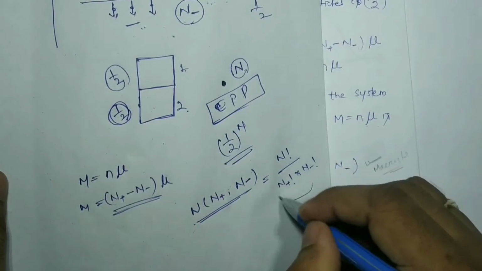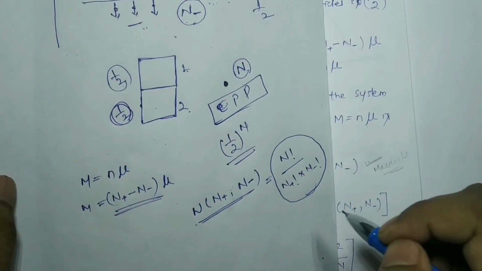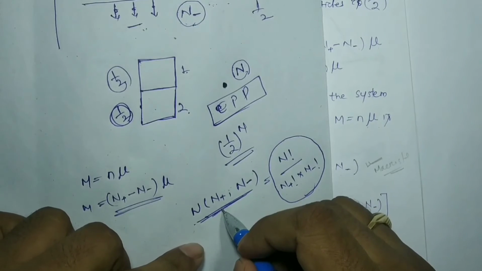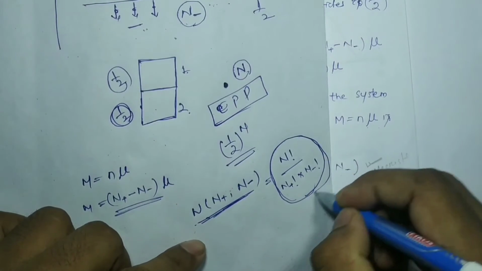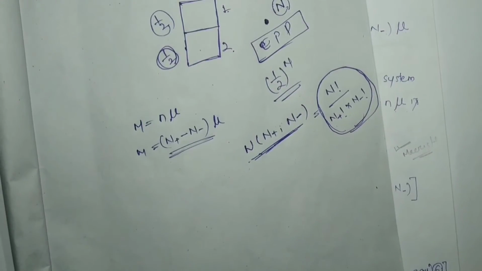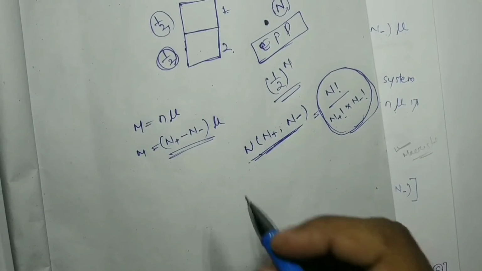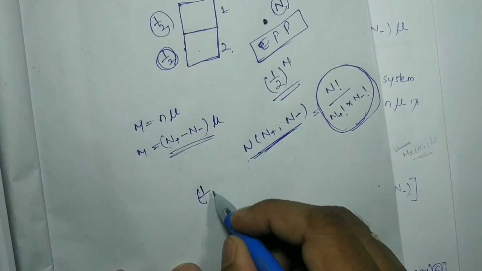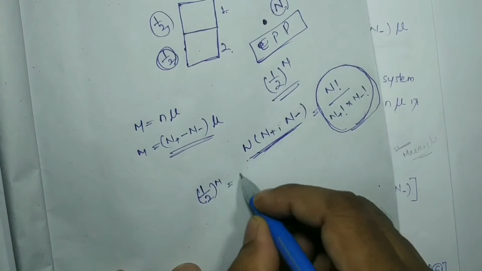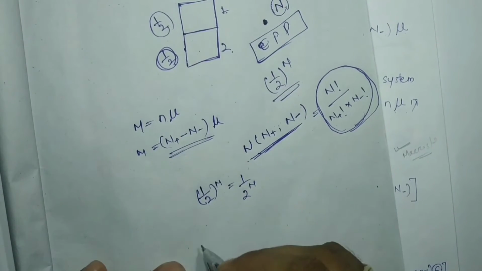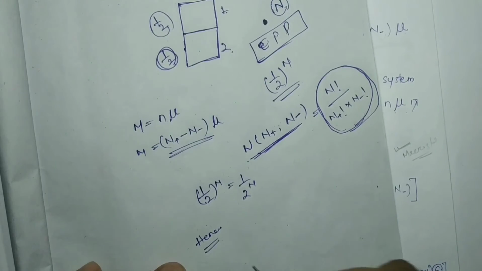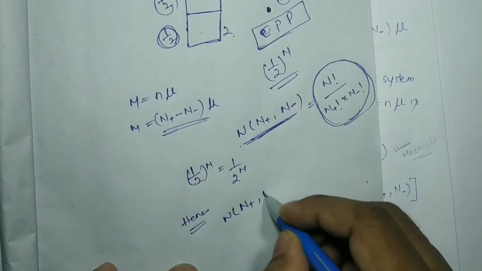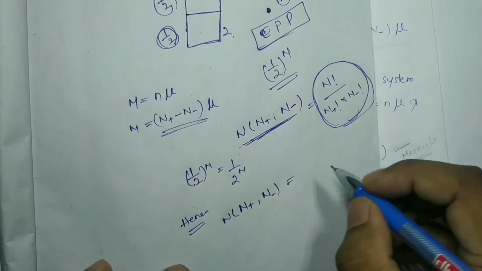For this particular macro state, these are the microstates. And we found the total probability is 1 by 2 to the power N. So hence the probability of this macro state (n plus, n minus) will be how much?